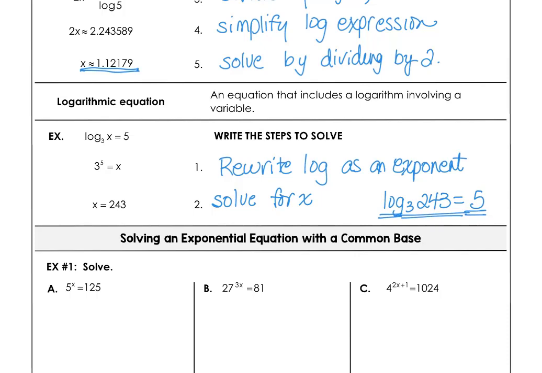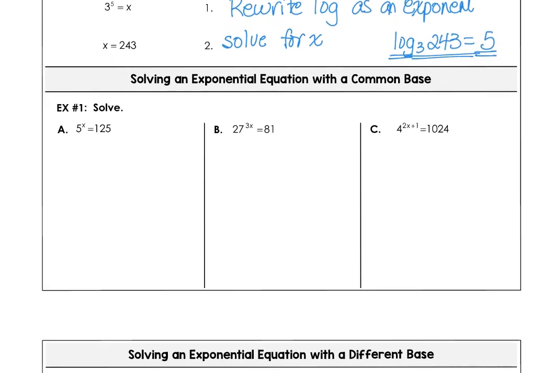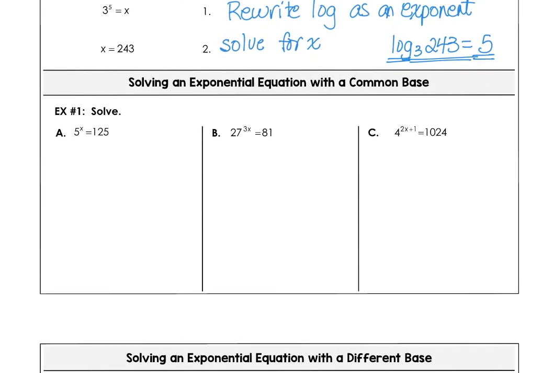In example 1, we're going to practice these things. So solving 5 to the x equals 125. The easiest way to handle that is to recognize that if our bases are the same, then the exponents are equal. So we can rewrite 5 to the x is 125 by rewriting 125 as 5 to the 3rd.